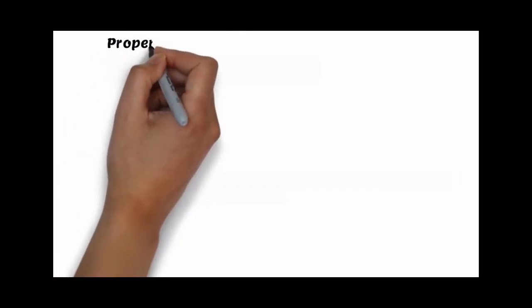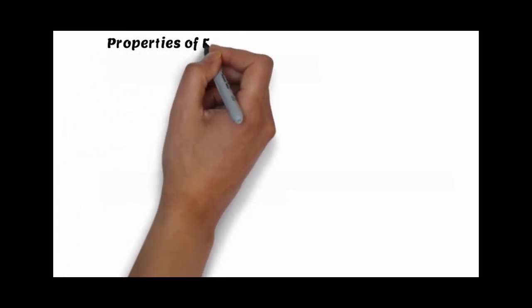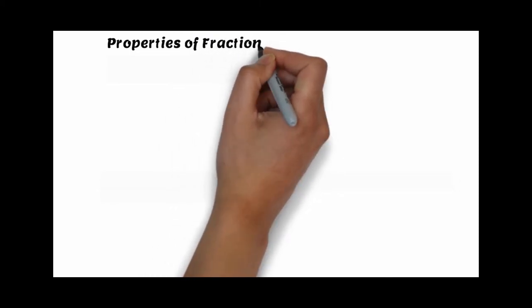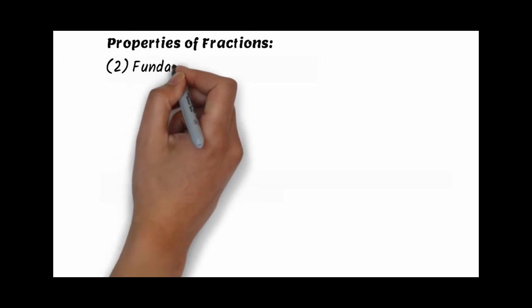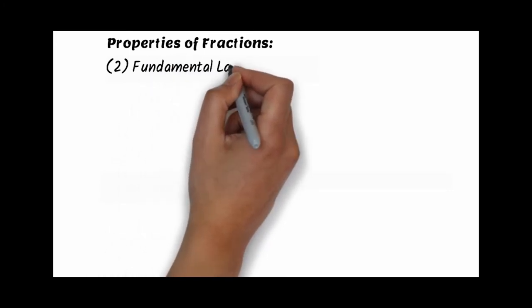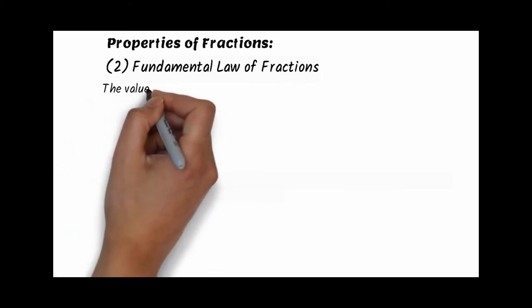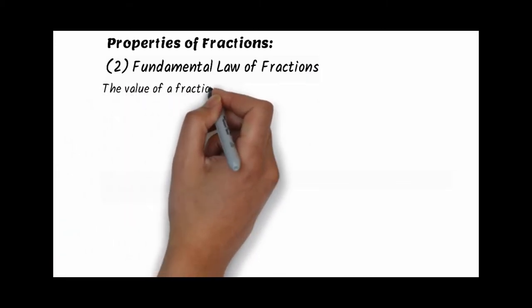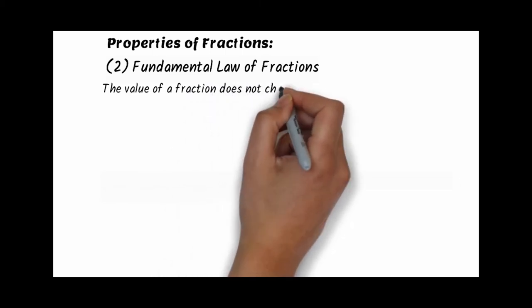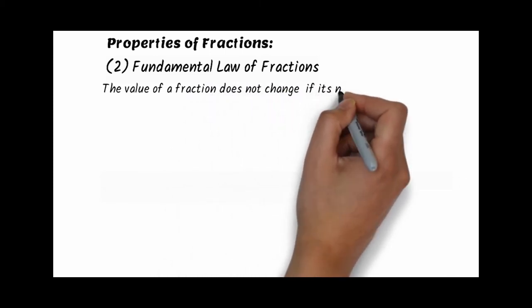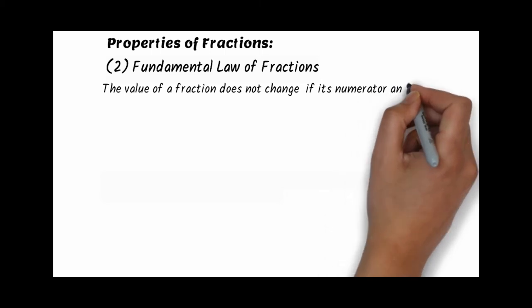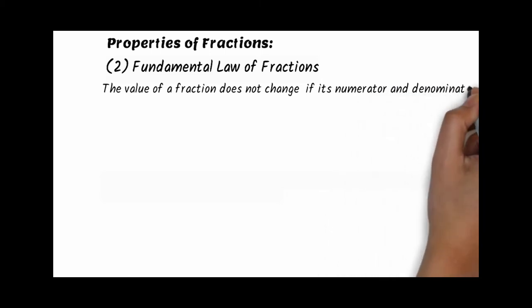Let's look at our second property of fractions. The second property of fractions is the fundamental law of fractions. The fundamental law of fractions says that the value of a fraction does not change if both its numerator and its denominator are multiplied by the same non-zero number.